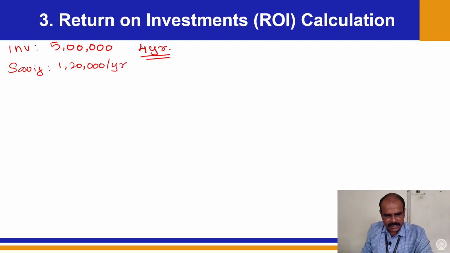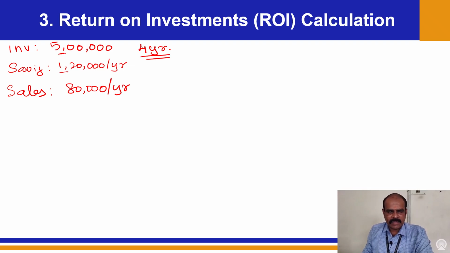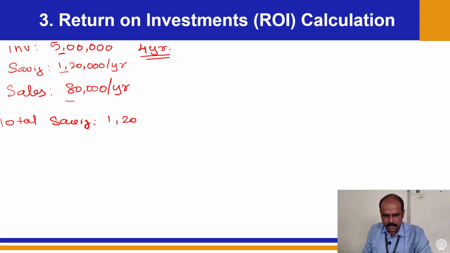The next thing is due to sales. The increase in sales has yielded an amount of 80,000 per year. Everything is in dollars. So this is the investment, and this is the savings we get. Now we'll calculate the benefits first, that is the total savings we get from the robot: 1,20,000 plus 80,000 per year.